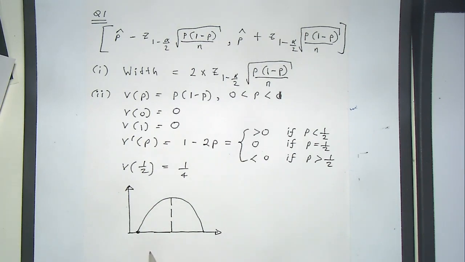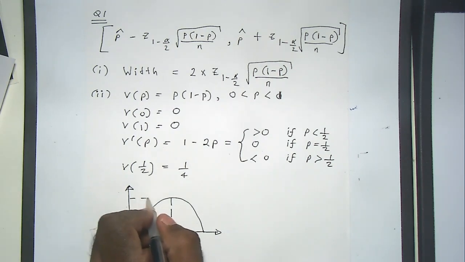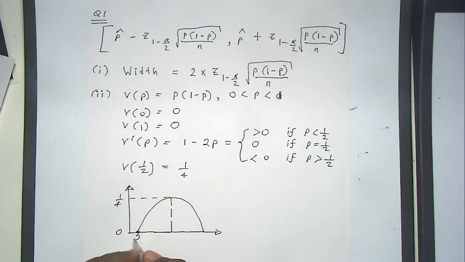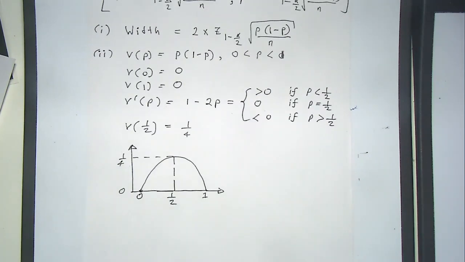The graph will look like this. It will be 0 at 0, and it will be 0 at 1, and it will reach the maximum value when p equals half, right? Do you see how I got this?